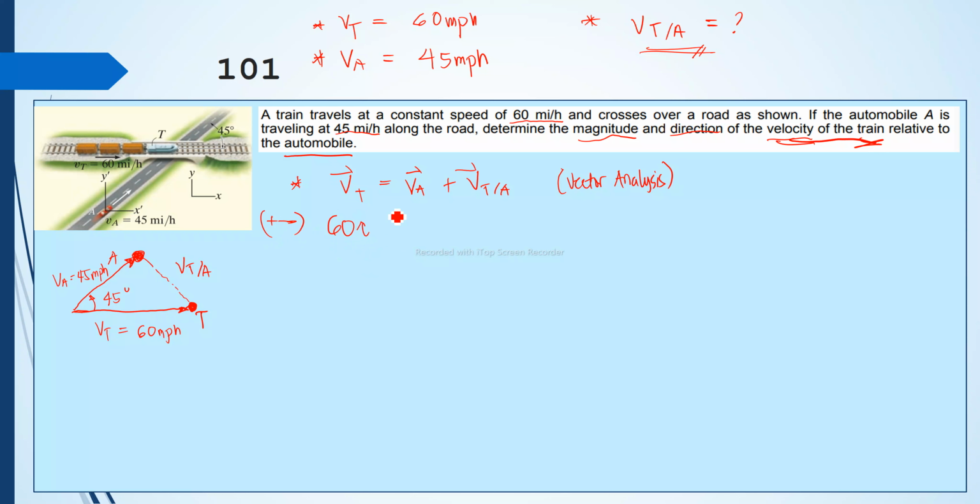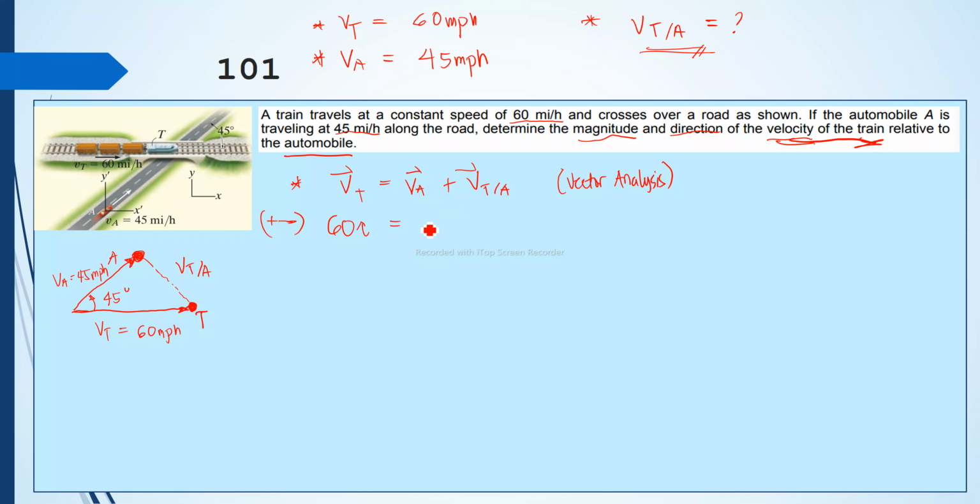Since the train moves only to the right, therefore it has no velocity towards the y-axis, or towards the j hat, equal to the velocity of A. The velocity of A is inclined, therefore it has a component along the i hat or the x-axis, and then on the j hat or on the y-axis.